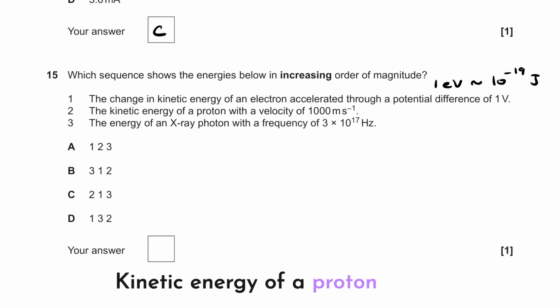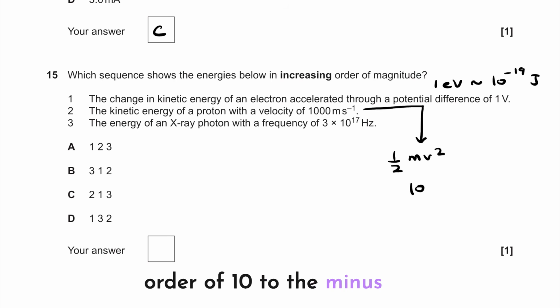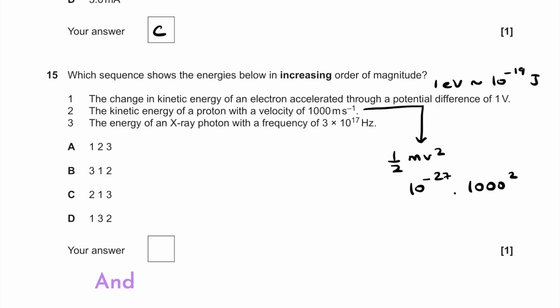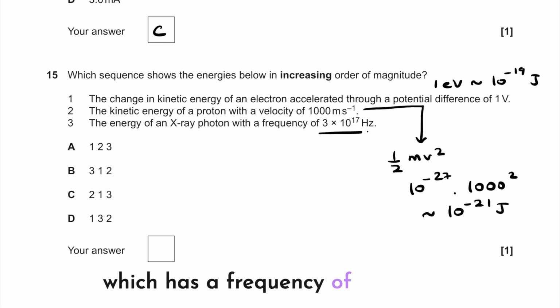Kinetic energy of a proton with a velocity of 1000 meters per second. We can work that out using half mv squared. The mass of a proton is of the order of 10 to the minus 27, and that would roughly be estimated at 10 to the minus 21 joules. The energy of an X-ray photon, which has a frequency of this much.